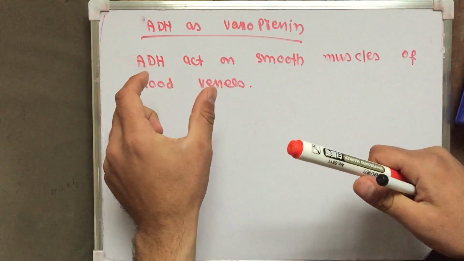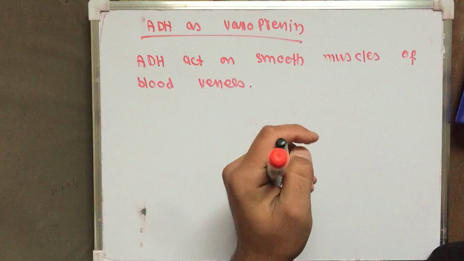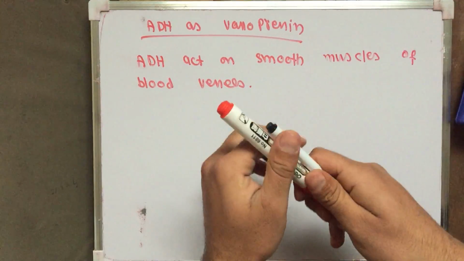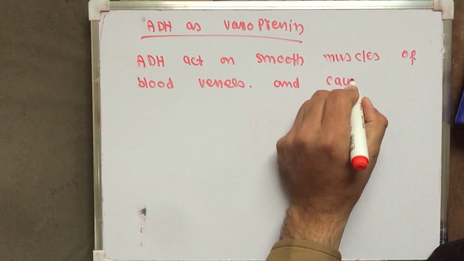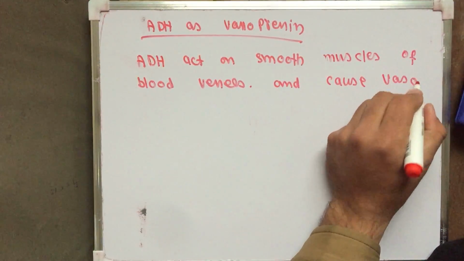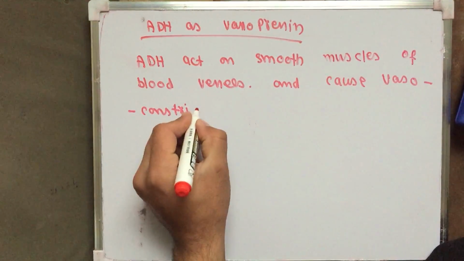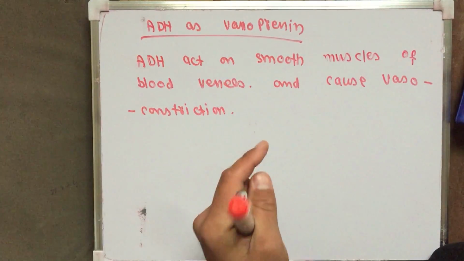Okay, so as a vasopressin, antidiuretic hormone acts on the smooth muscles of a blood vessel, and it causes vasoconstriction. Act on smooth muscle and cause vasoconstriction.